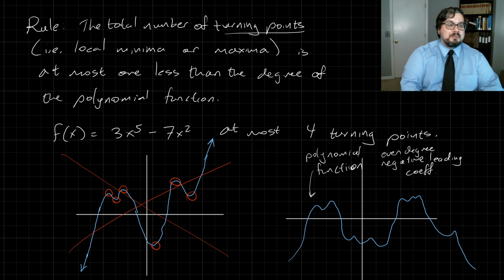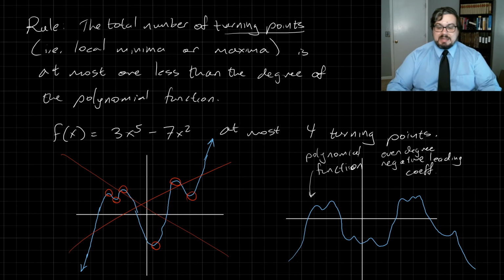And we can determine a bound on its degree by counting the number of turning points it has, or local maxima and minima. So this one has a bunch of them. I'm circling the approximate locations where all of the maxima and minima are. I want to make sure I haven't missed any.